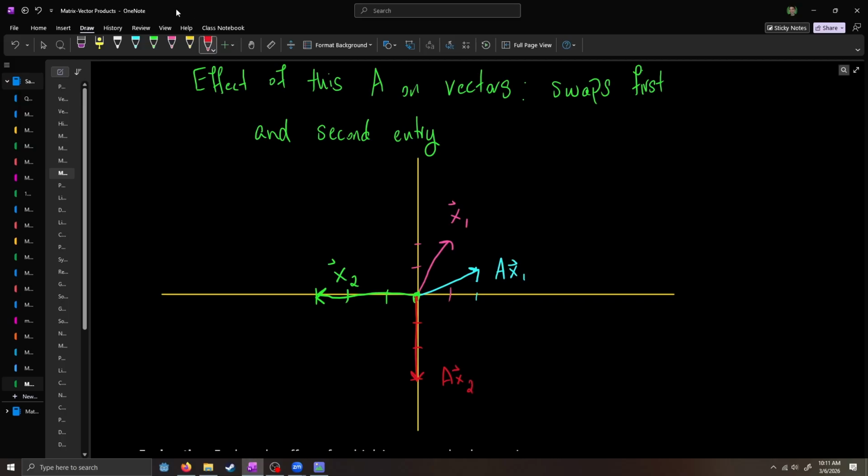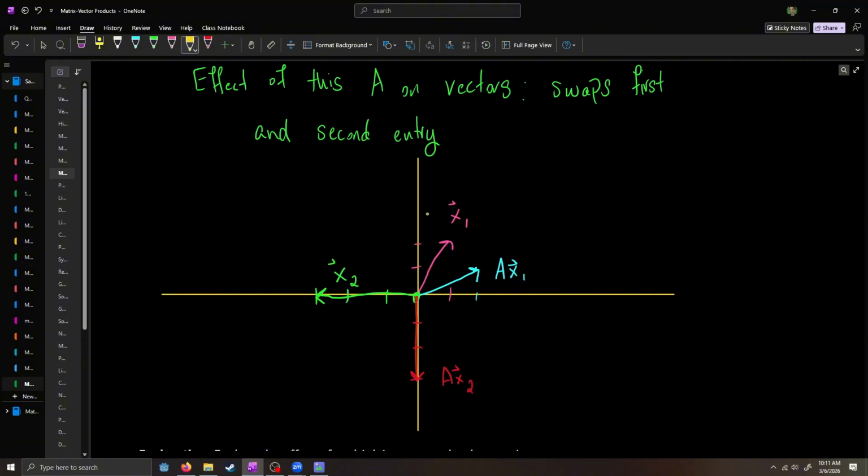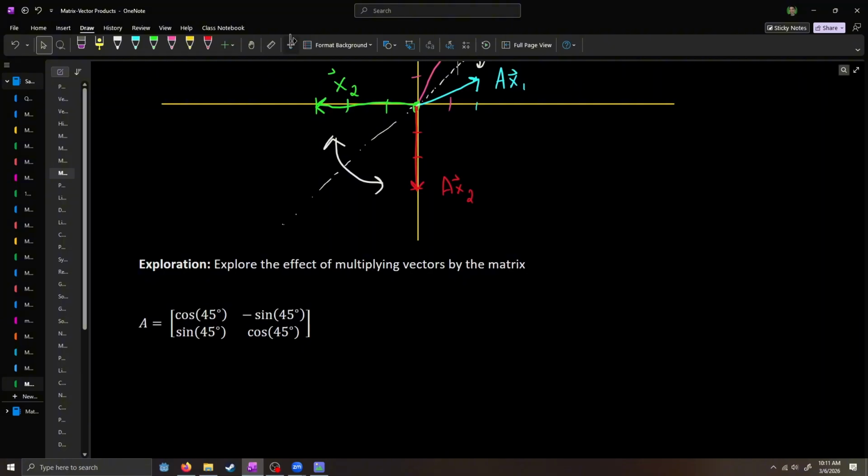So graphically, if I'm going to articulate what has happened to these vectors after the matrix A has been applied, there seems to be a reflection going on, a reflection across a diagonal line in the xy plane. It looks like the action of A is to flip a vector across this diagonal line and reflect it over the line y equals x.